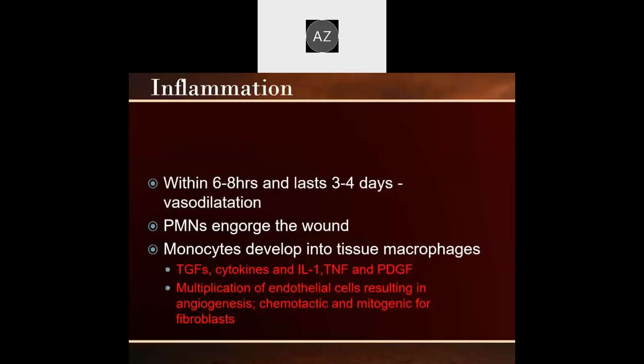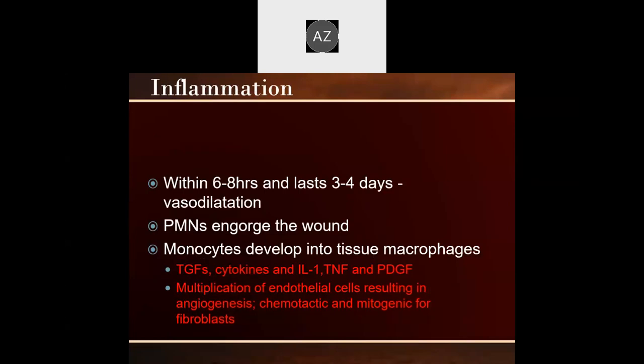What about inflammation? It's complex stuff as well, as we've said. It involves the vascular system and also the cellular system. It begins within 6 to 8 hours, and it lasts almost 3 to 4 days. We have the polymorphonuclear cells, they engorge at the wound. The monocytes develop into tissue macrophages.